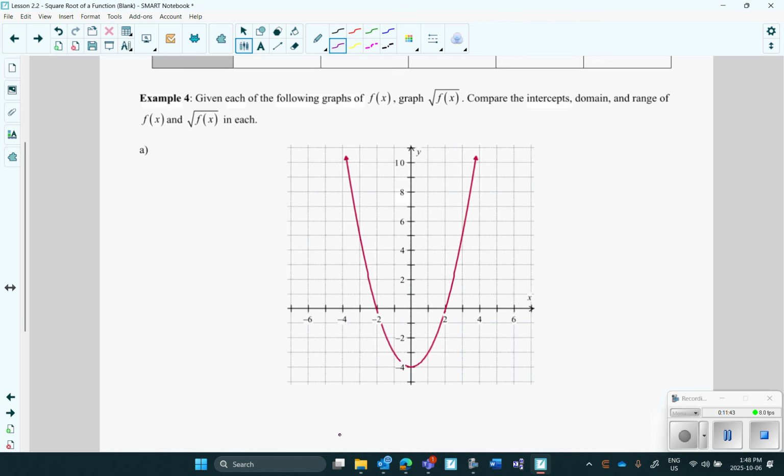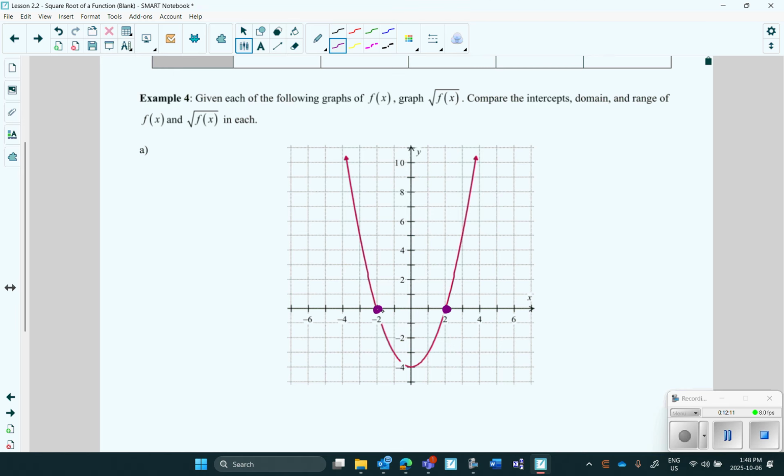What will the same points be on the square root? Where are the points on this graph where y is 0? Here and here. Those are going to be on the square root graphs, where y is 0.